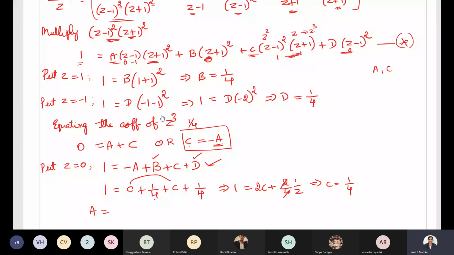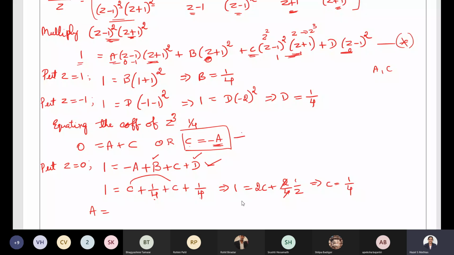Rohini, what is the value of a? Prajwal, Rohini, Shilpa, what is the value of a? Minus 1 by 4, ma'am. Minus 1 by 4. See, just see this expression. c value is minus a. c I have got it to be 1 by 4, which is equal to minus a. So a value will be minus 1 by 4. a value is minus 1 by 4.